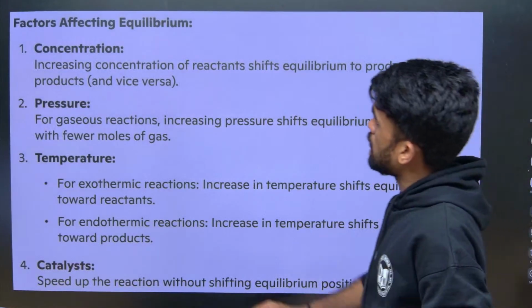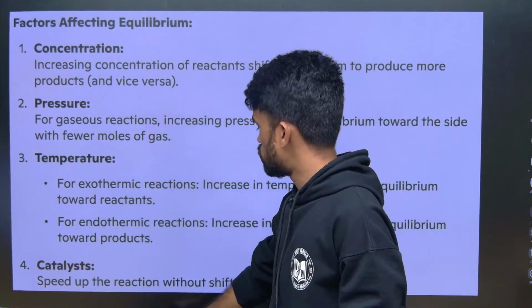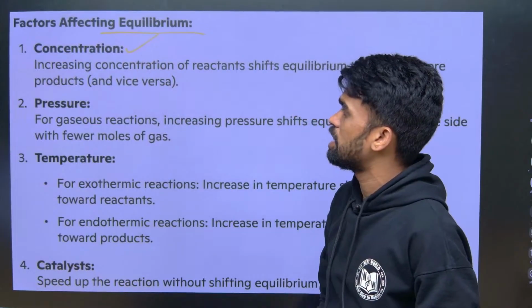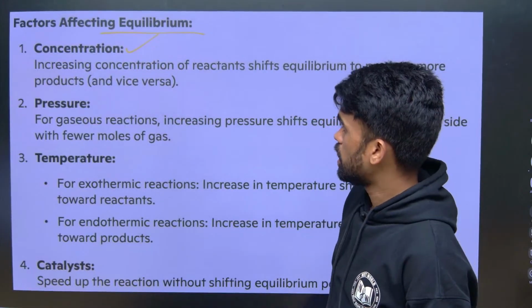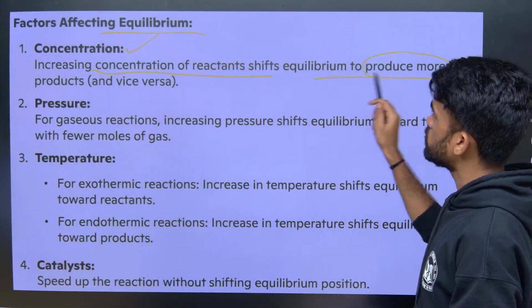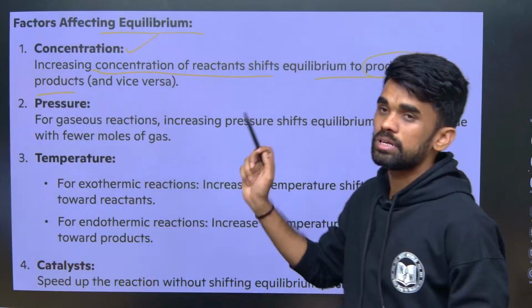Now, what are the factors affecting equilibrium? In order to understand the equilibrium definition itself, I explained everything regarding concentration, right? Increasing the concentration of reactant shifts the equilibrium to produce more products, and vice versa.